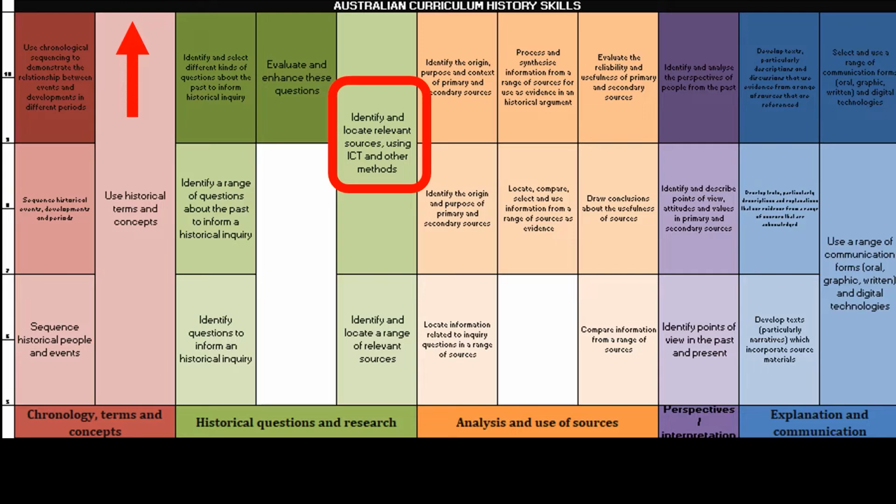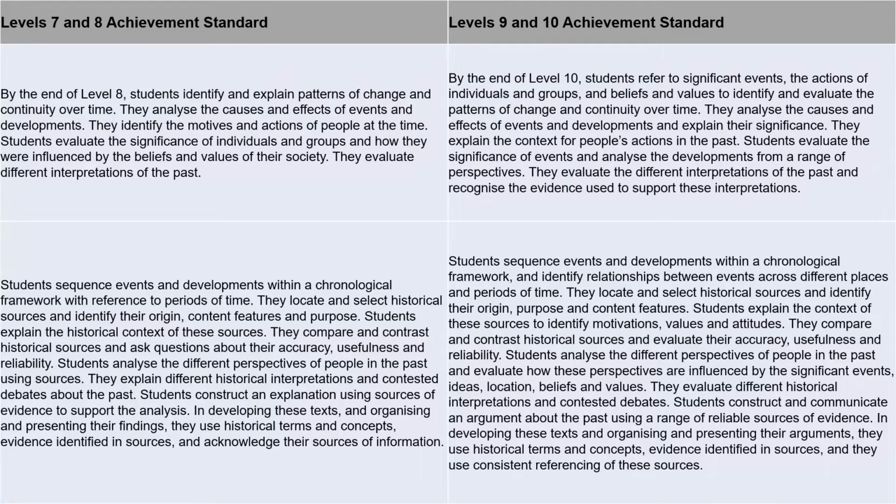I'm going to show you now the Victorian achievement standards for history from years 7 to 10, and you'll see in a bit more detailed analysis exactly the same issue and the implications of that. Here are the achievement standards for years 7, 8, 9, and 10. Again, you will note that there's only one achievement standard for both years 7 and 8.